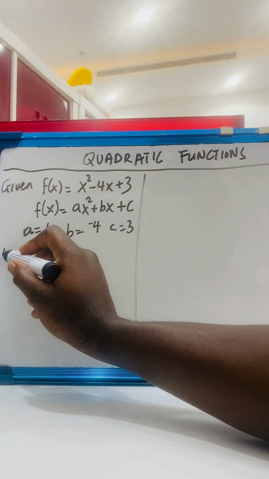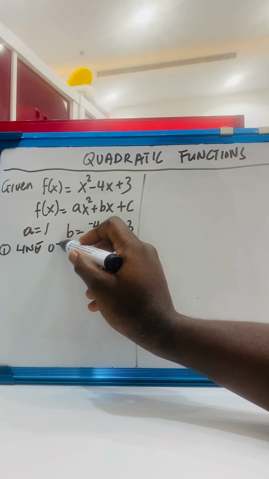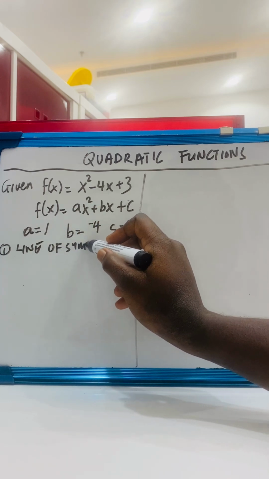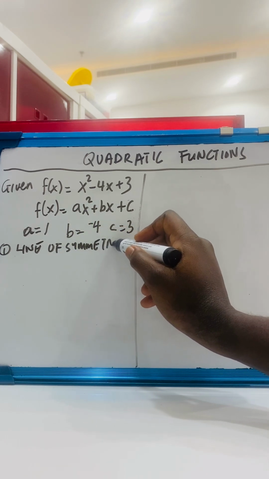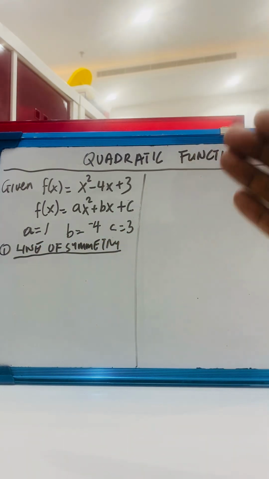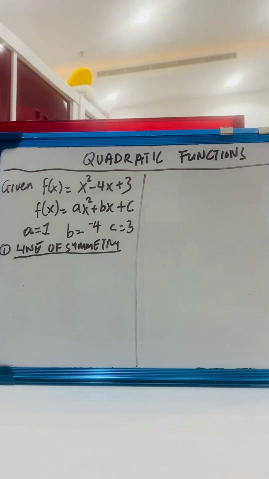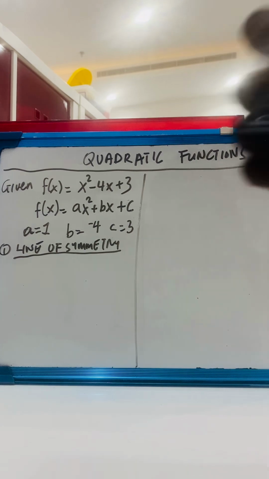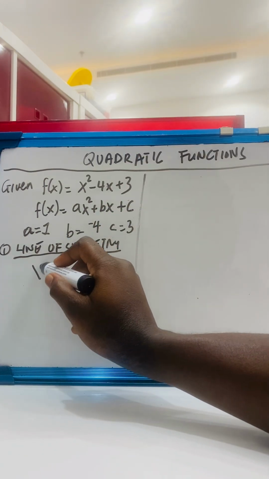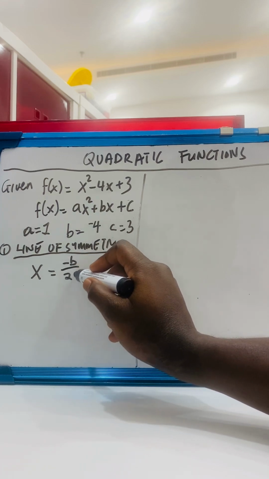I will first want to talk about the line of symmetry. This line divides our parabola into 2 equal parts. This line of symmetry is the equation x equals negative b all over 2a.